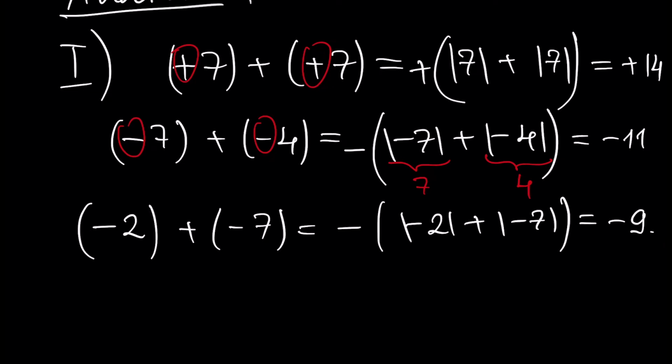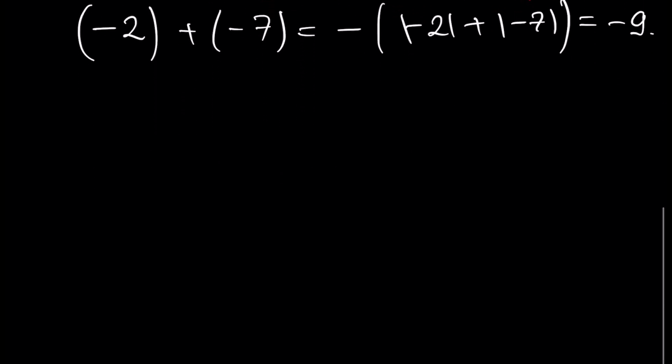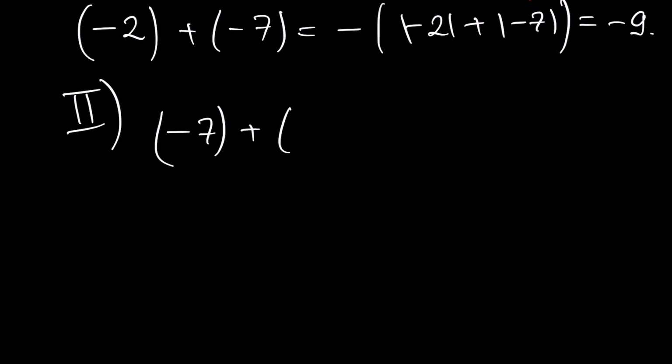What if signs are unlike? This is the second case. For example, we have minus 7 plus 2. So signs are unlike. We perform addition, but signs are unlike. In this case, the rule is find the difference between absolute values and prefix the sign of the number with greater absolute value.